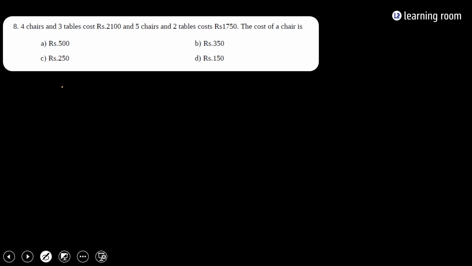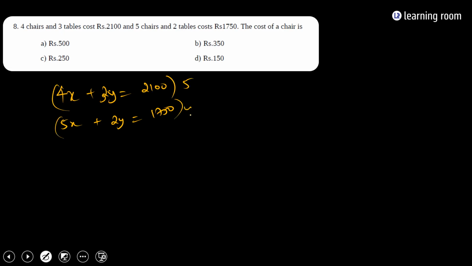4x plus 3y is 2100. 5x plus 2y is 1750. The cost of chair is. So what can you do here? Multiply with 5, multiply with 4. So 20x plus 15y is equal to 10,500.